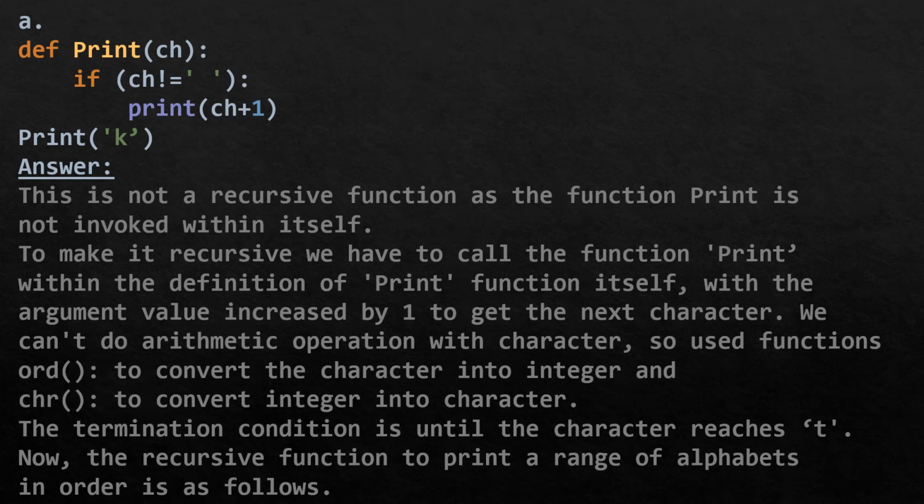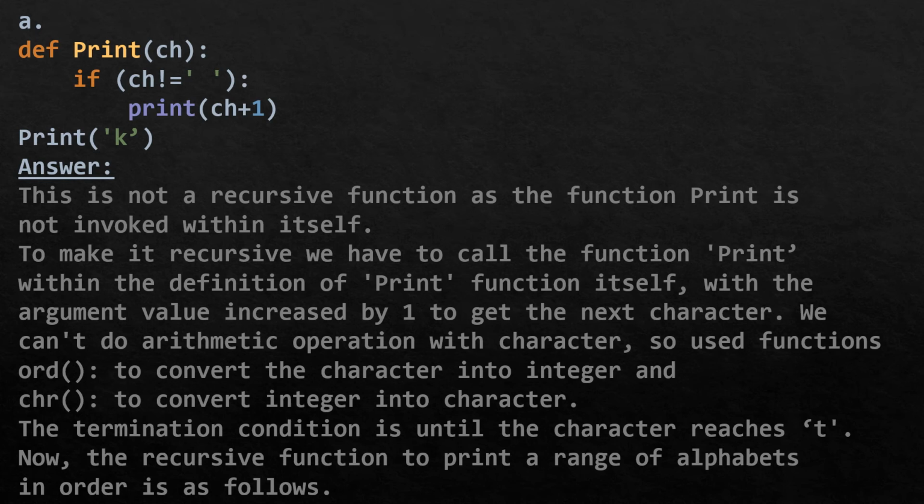So to make it recursive, we have to call the function print within the definition of the print function itself, with the argument value increased by 1 to get the next character. And again also we can't do any arithmetic operation with the character variable, so we have to use some functions like ord and chr.